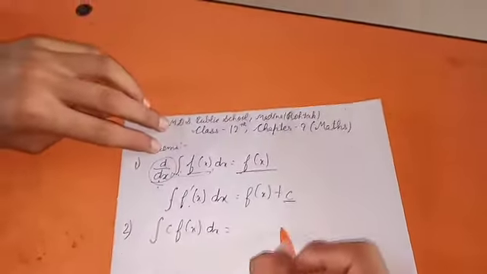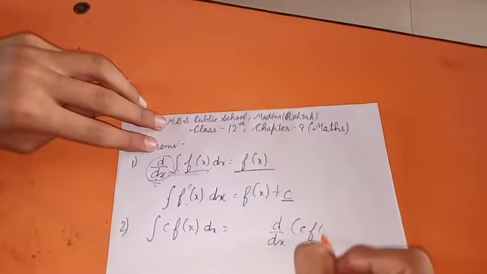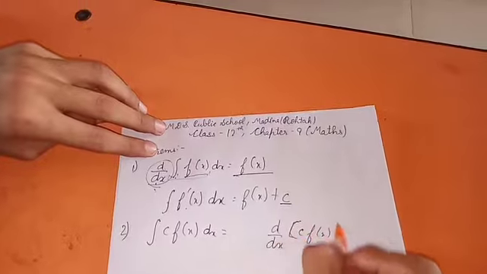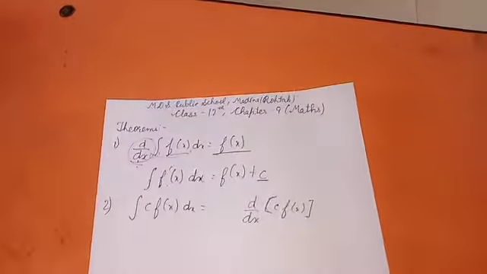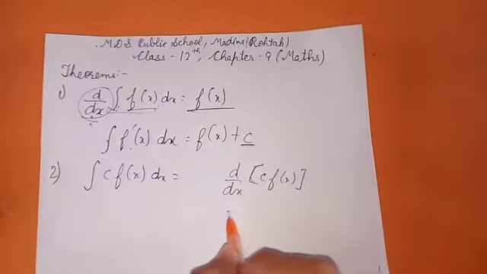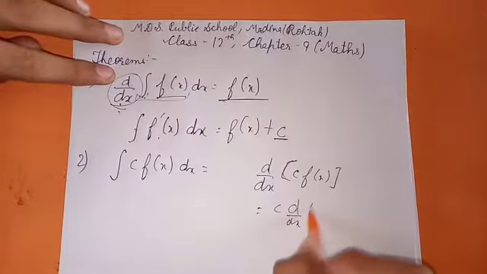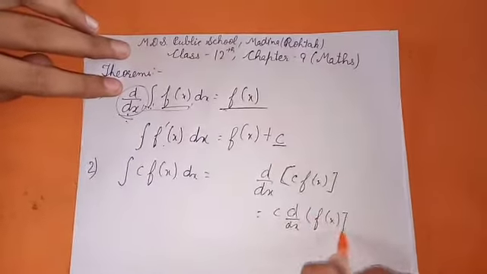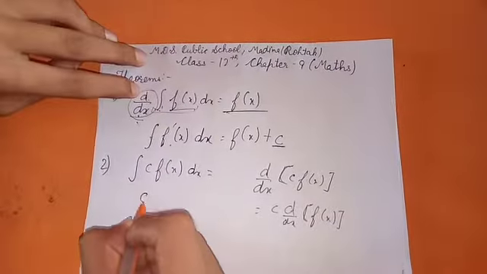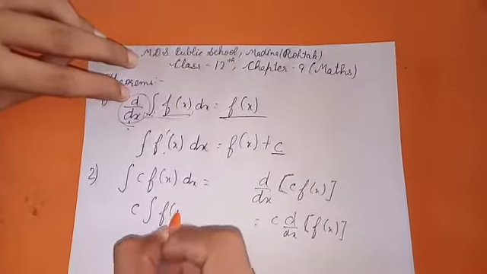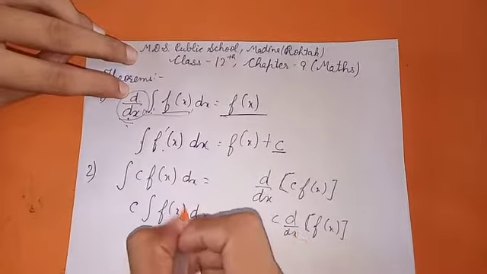Like if we have to differentiate d by dx of c into f of x, then what do we do? We do it as c into differentiation of f of x. Same is here, so it will be c into integration of f of x dx.